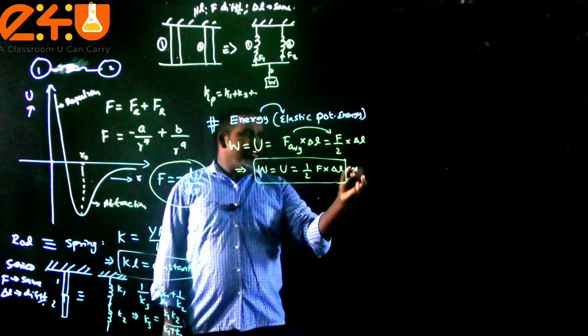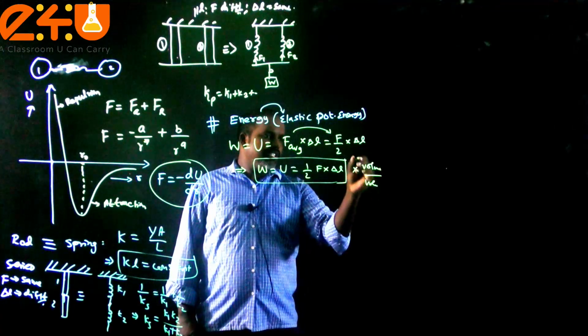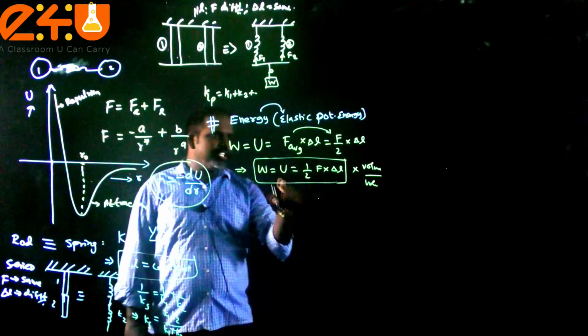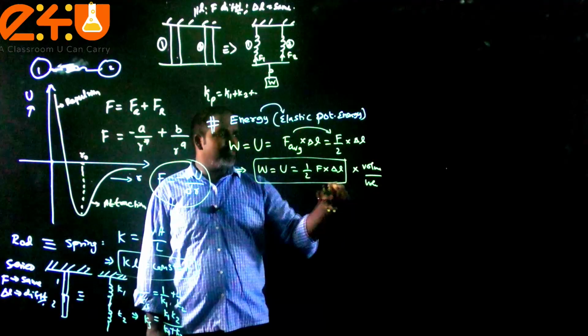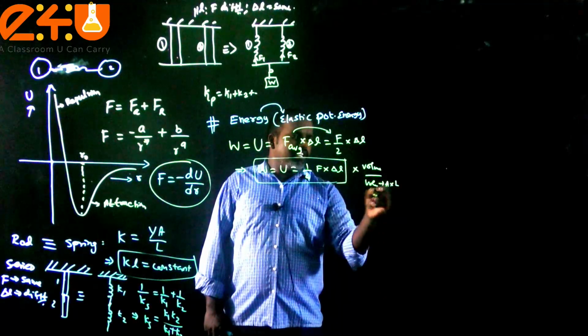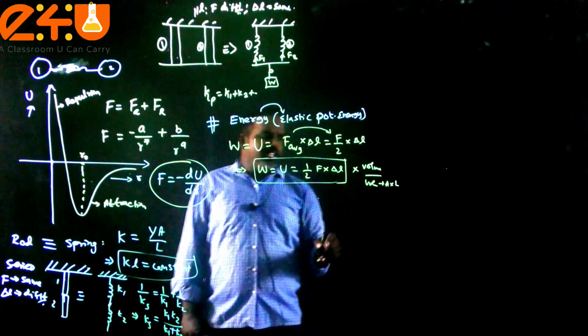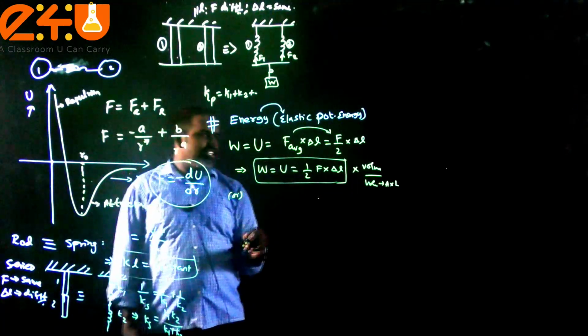For example, I am multiplying by the volume and dividing by the volume in the same equation. This volume is nothing but area into length in the case of a wire, so I can get another form of this general expression.